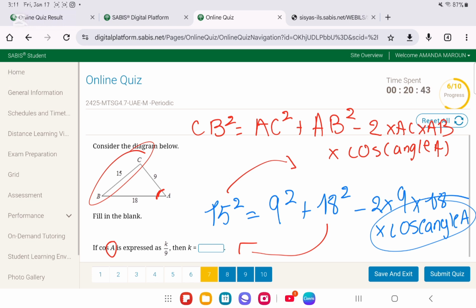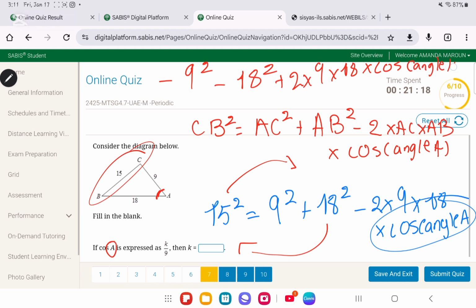So when we switch their sides, of course their signs are going to change, and we are going to get minus 9 squared, minus 18 squared plus 2 times 9 times 18 times the cosine of the angle A. All of it is equal to what? It's equal to 15 squared. But because we moved it to the other side, it became minus 15 squared.